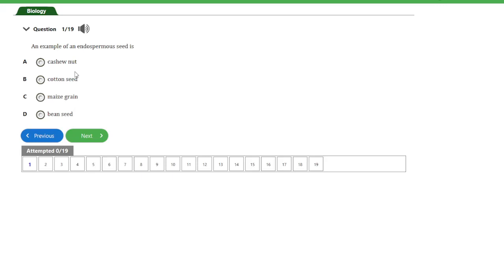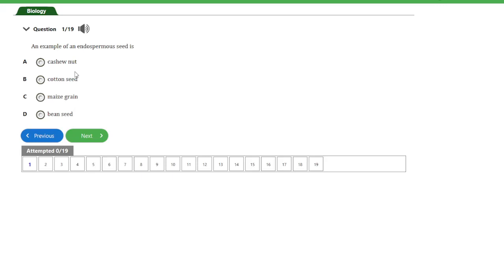We have an example of an endospermal seed is A. Cashew nut, B. Cotton seed, C. Maize grain, D. Bean seed. So guys, the answer to this question is option C, and that's the maize grain.